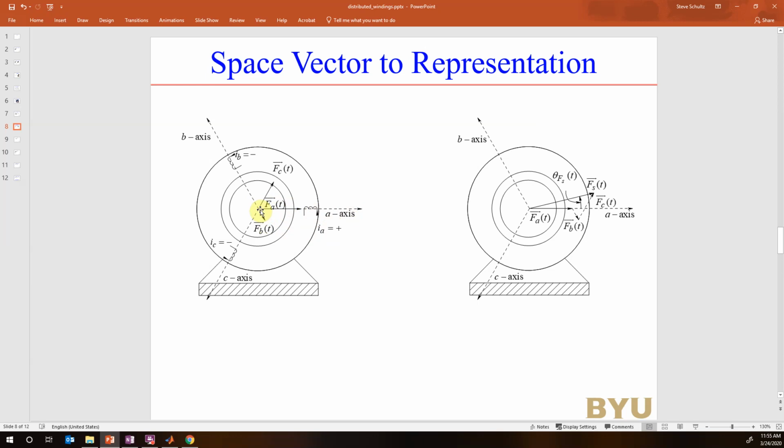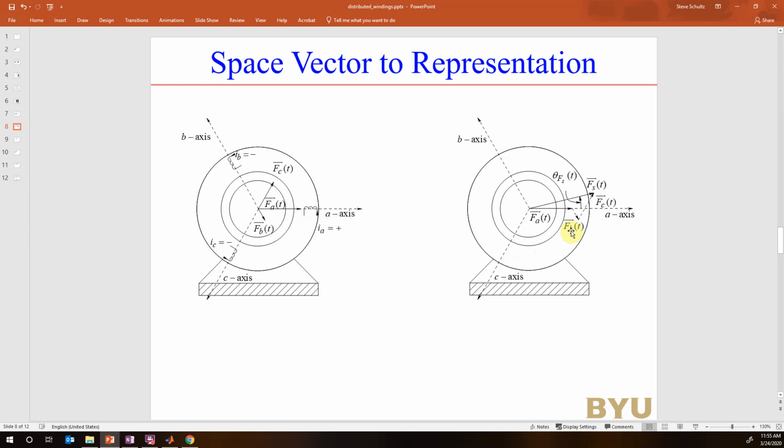The B is always going to point along this axis right here, which is my 120 degrees. And then I'm going to have a C that's going to vary along this axis, which is my minus 120 degrees. You see that these vectors are always going to stay on their corresponding lines, but they're going to change in amplitude. As my currents change, the lengths of these lines are going to change.